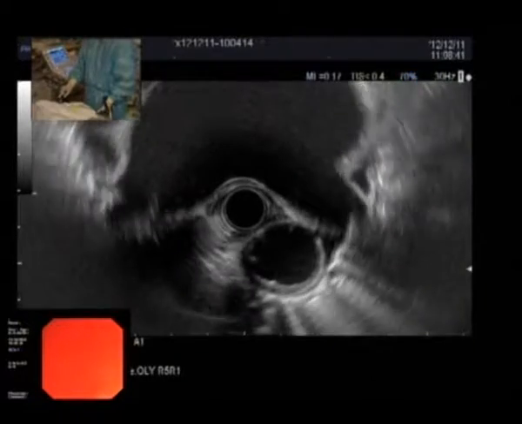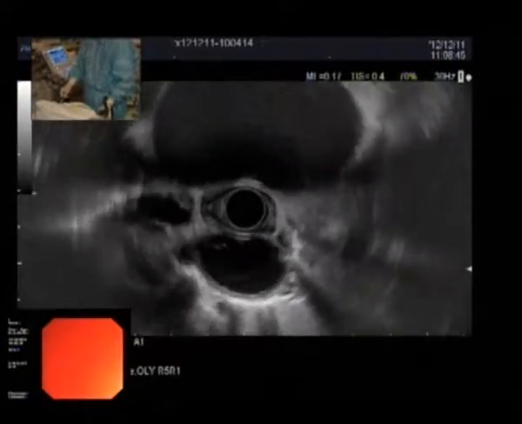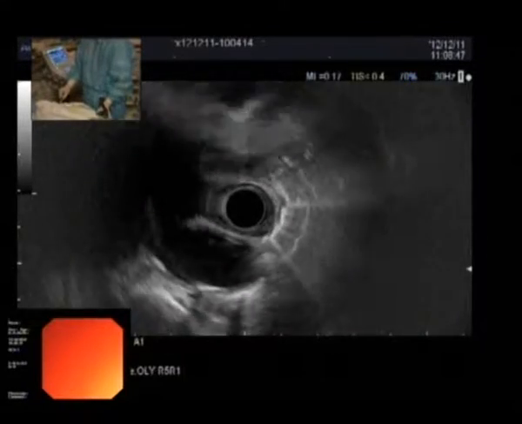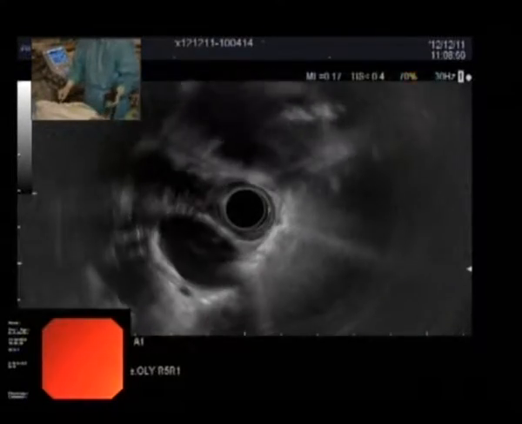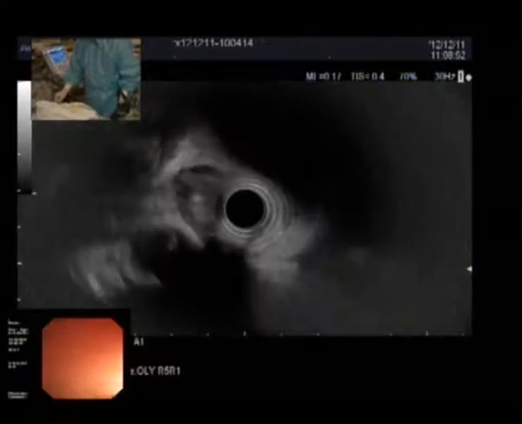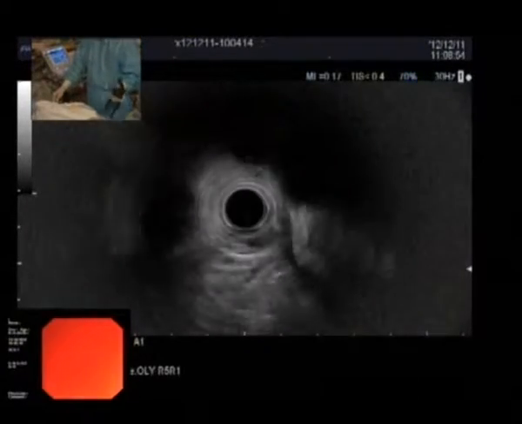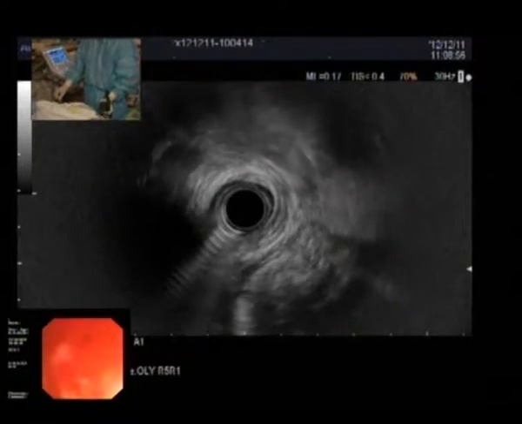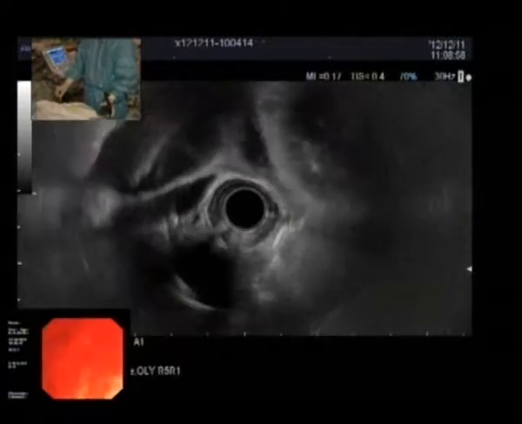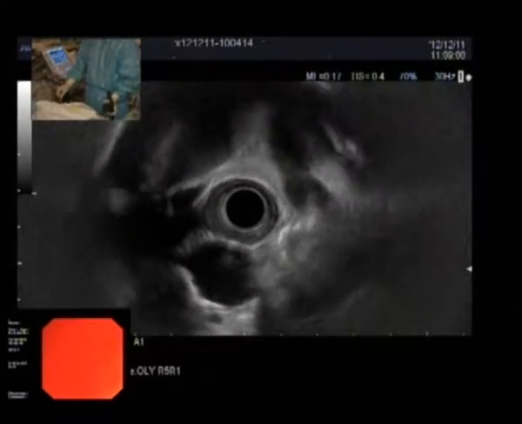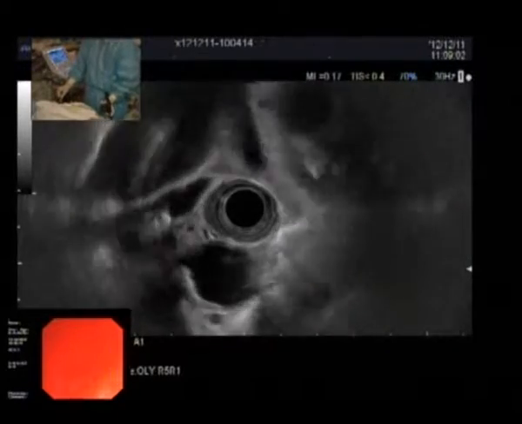And now I am in the esophagus. If I push the scope into the stomach, then the heart will disappear, and we will reach the aorta and the liver. This is the heart area. There are several ways to trace the pancreas and other organs.